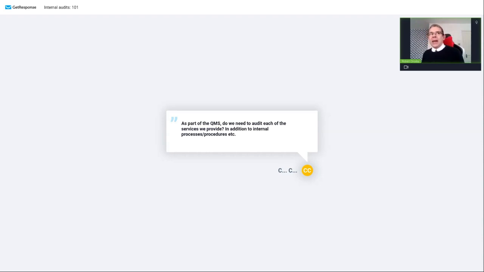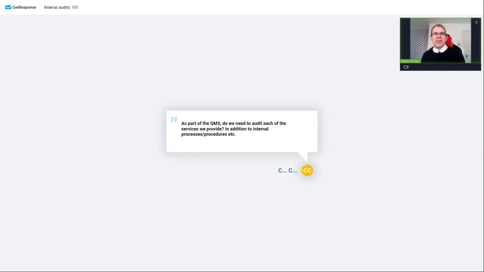Well, that depends on what you do. If you deliver thousands and thousands of different services to clients, it is going to be absolutely impossible to audit every single service. What you should be focusing on is how you are doing the necessary elements according to the standard.